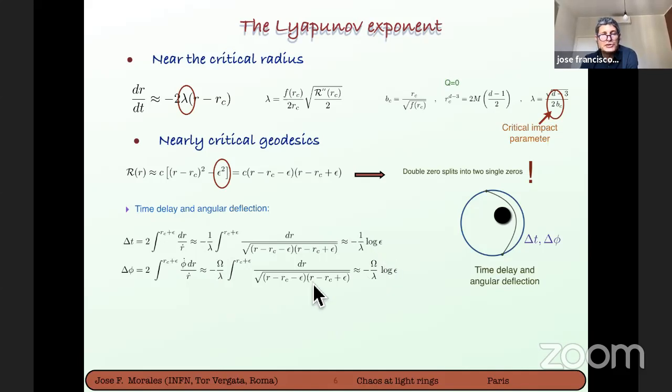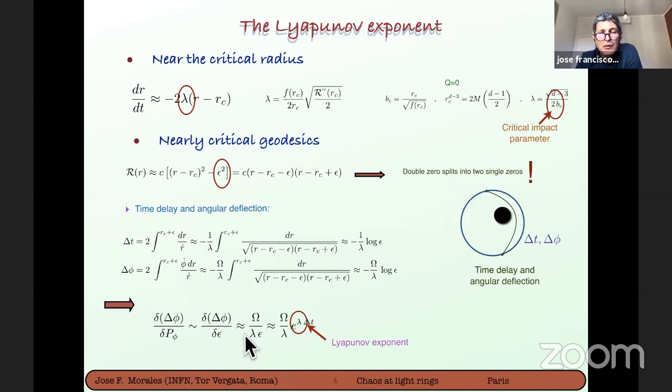But then you can compute the variation of the angular deflection for a small variation of the momentum, and what you find is that this variation grows exponentially with the coefficient lambda, which is precisely given by this formula. Therefore, this relates the Lyapunov exponent to the vanishing rate of the radial velocity of the null geodesics falling into the critical surface, let's say the photon sphere.